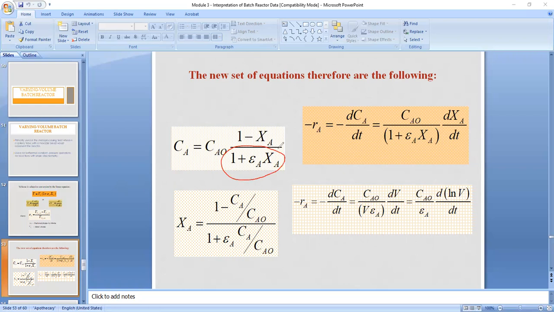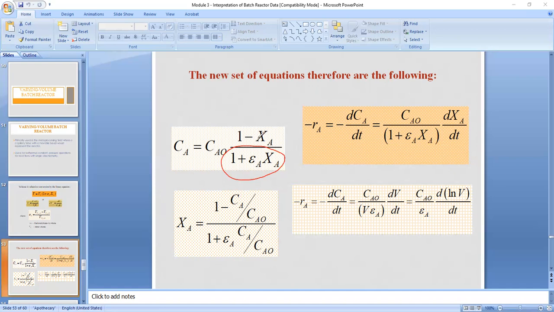So in the case of varying volume systems, you need to divide your original formula by 1 plus epsilon A XA. Now the formula shown here below, which allows you to determine the degree of conversion given the changes in the concentration and the fractional change in the volume, is simply derived from this one.